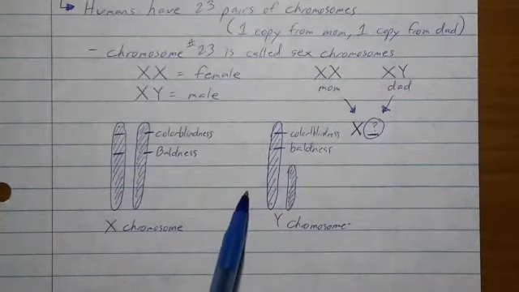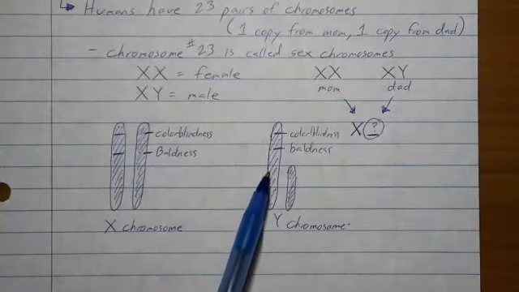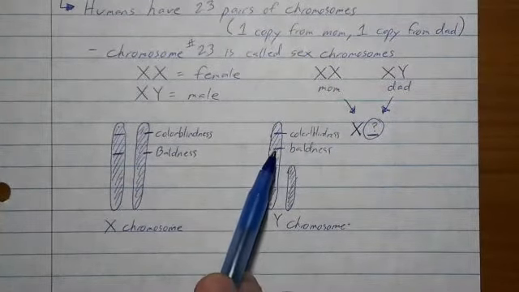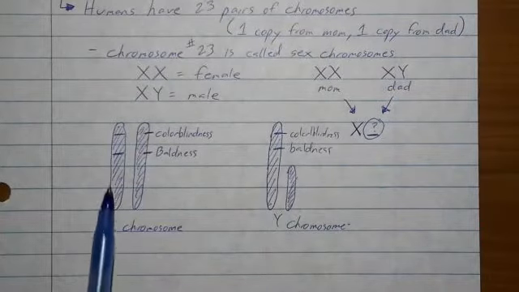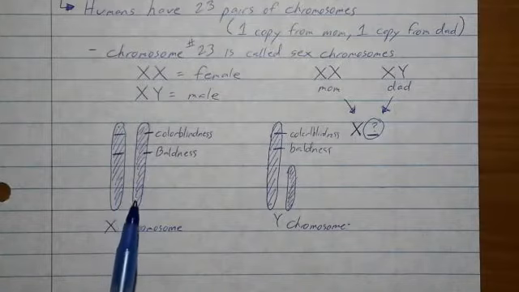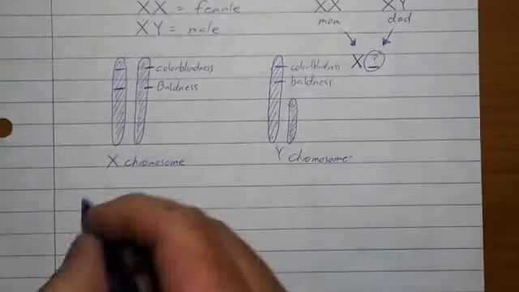So you'll notice when we do sex-linked traits, for males, you'll see that there'll only be something on the X chromosome, nothing on the Y chromosome, whereas females will have something on both of their X chromosomes. Okay, so let's put that into words just so we can remember it.